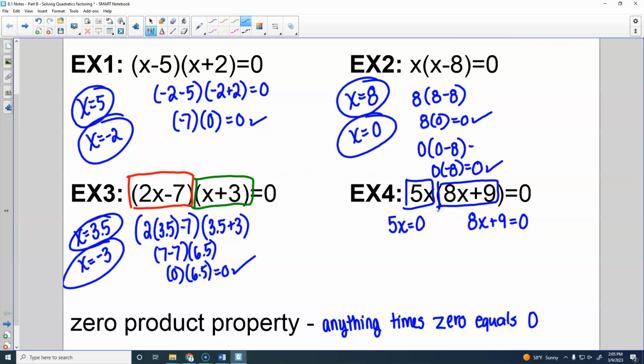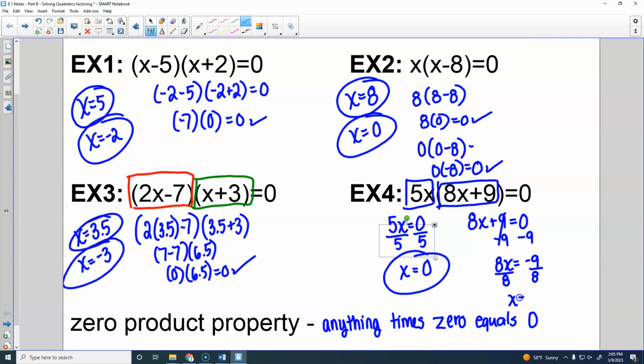So for the first one, we would need to divide both sides by 5. 0 divided by 5 is still just 0, so 0 would be one of your answers. And on the second one, we would need to subtract 9. So 8x would equal negative 9. And then we would divide both sides by 8.